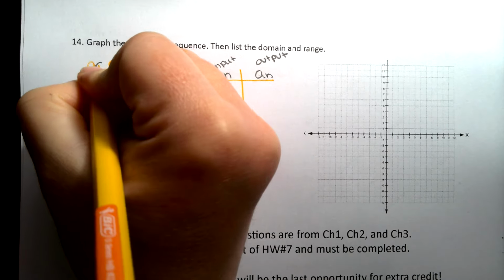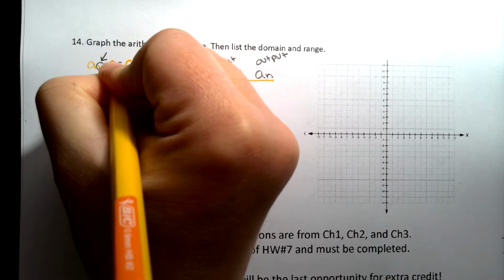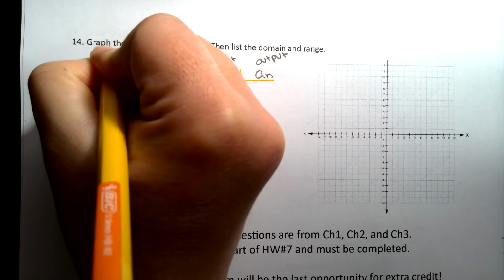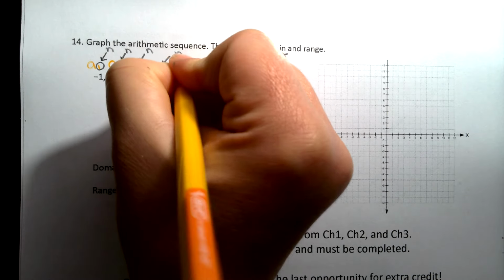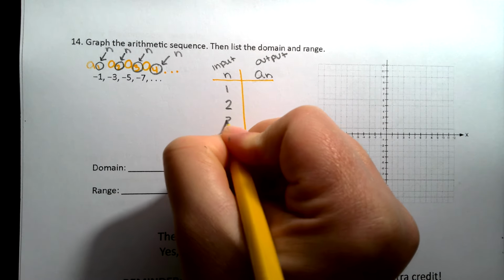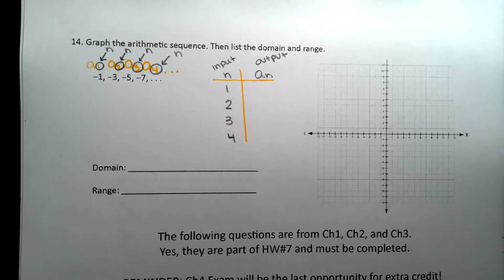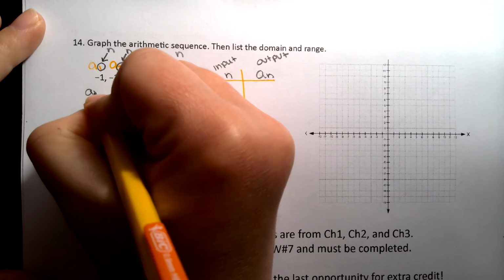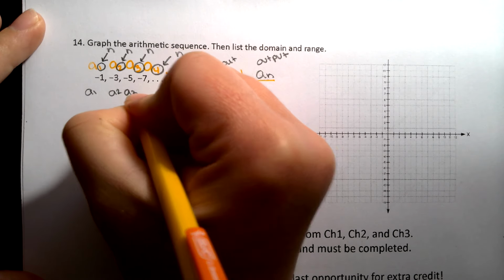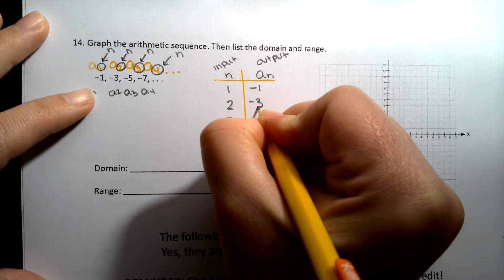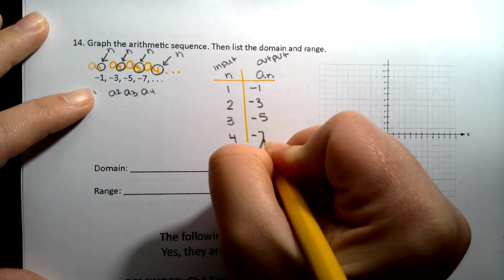So my N values are my subscripts, so I have an N value of 1, an N value of 2, an N value of 3, and an N value of 4. My A sub N values, this is A sub 1, A sub 2, A sub 3, A sub 4, is -1, -3, -5, and -7.